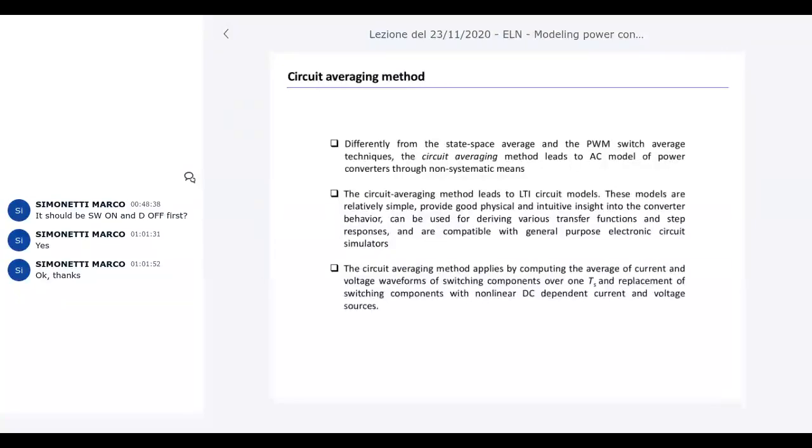This kind of method does not have a codified procedure like the previously described methods. So it's something that is more or less a circuital analysis of your circuit. It has no specific steps that are codified in order to derive what you intend to derive.